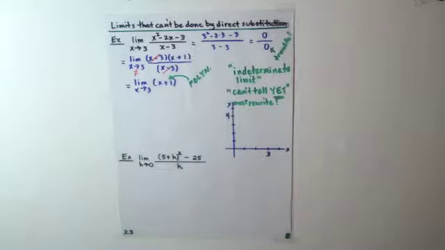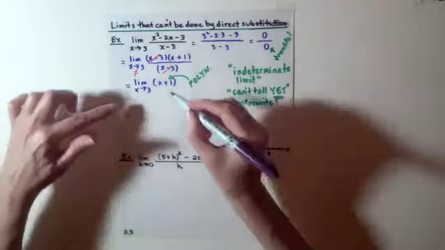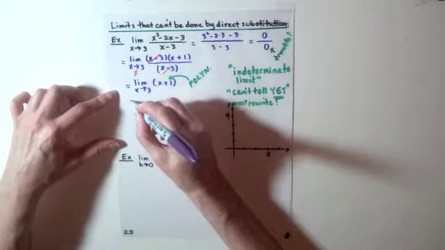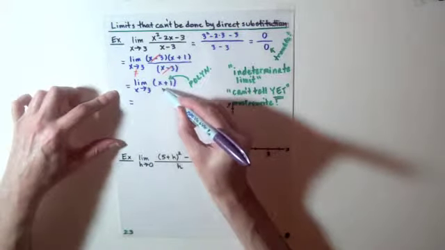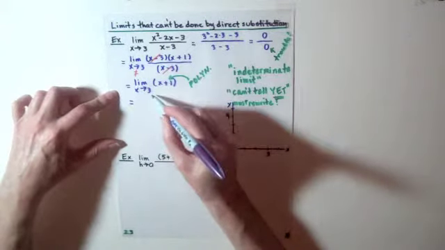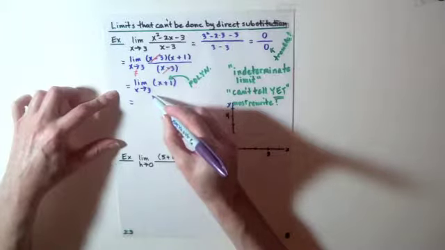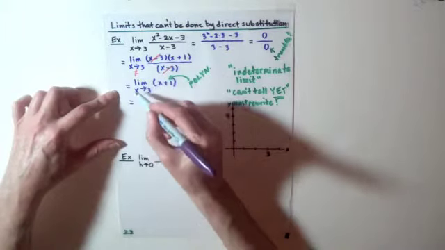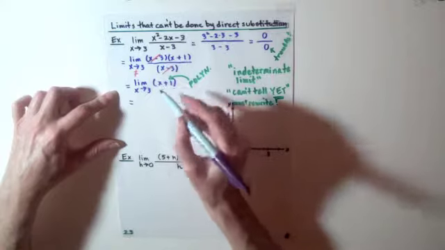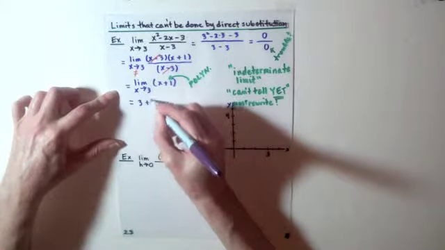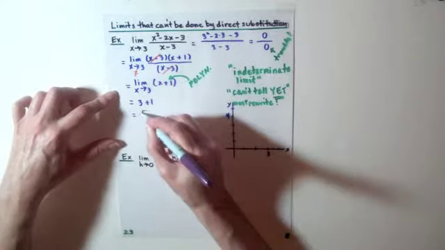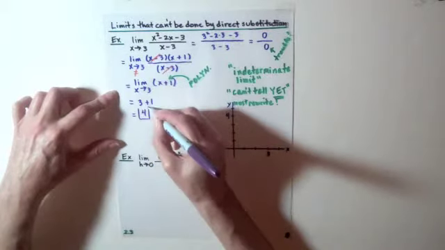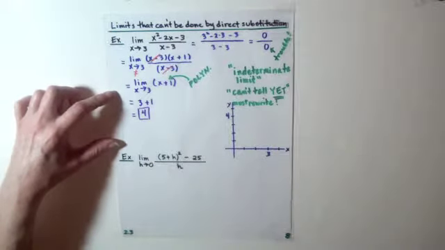Remember, then we can use direct substitution. So to find this limit is actually quite simple. All we do is replace the x we see with the number that x is getting closer to, namely 3. And so the limit as x approaches 3 of x plus 1 would be 3 plus 1 using our direct substitution, and that gives me 4 as a final answer.